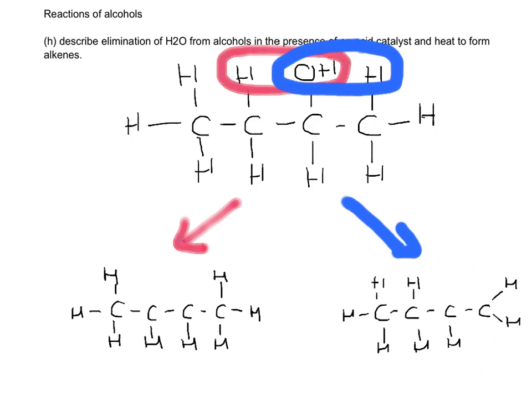Now, what I've done so far is only show you what would happen if the water molecule were removed from either side. To complete the picture, if the water molecule was released from the left hand side, a double bond would be formed over here, whereas if it was removed from the alternative side, the double bond would be formed at this location over here.